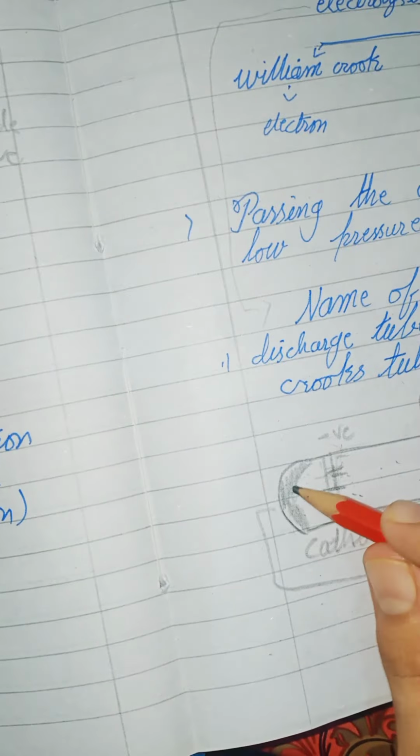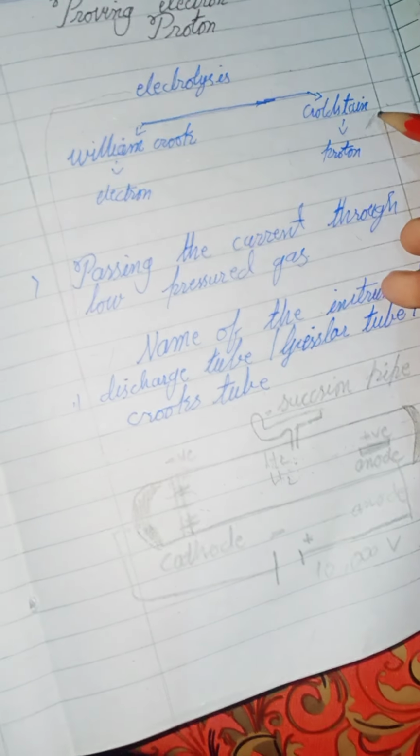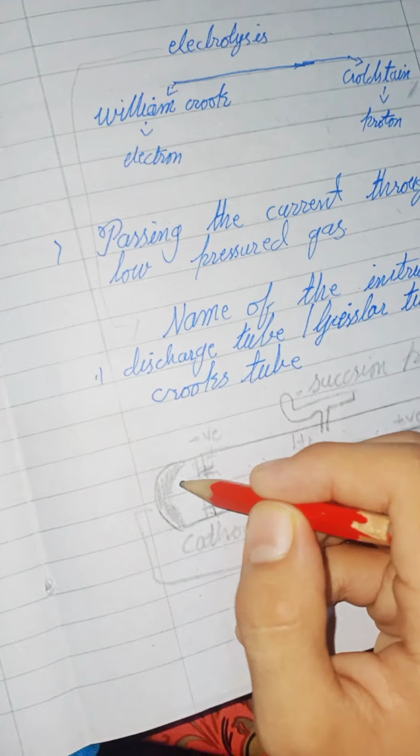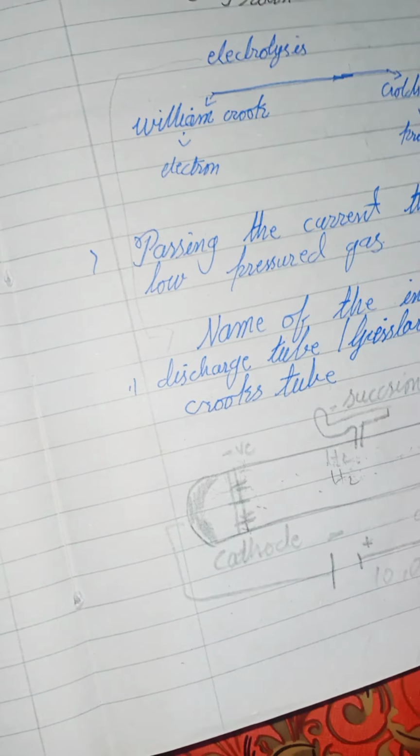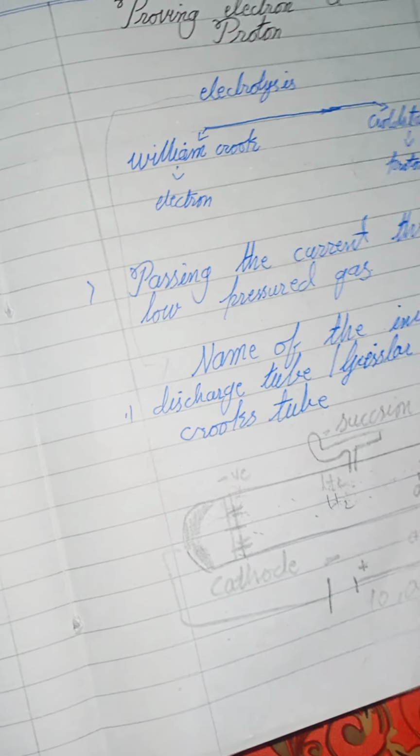By this experiment, Goldstein used his common sense to prove the proton, and William Crookes also did very well to prove the electron. But at first Faraday discovered, you know what, electron.